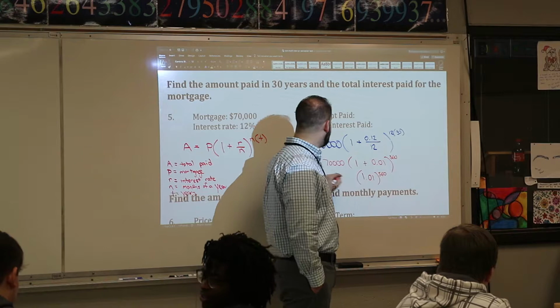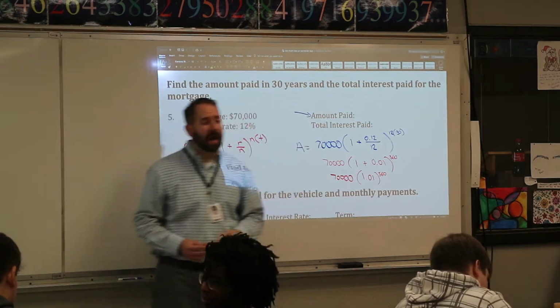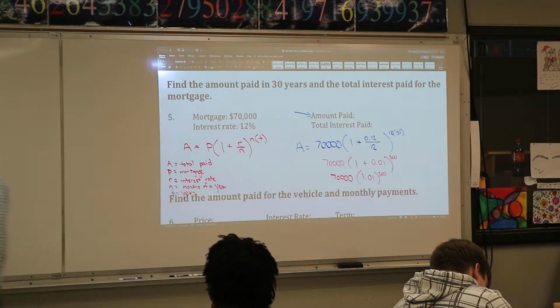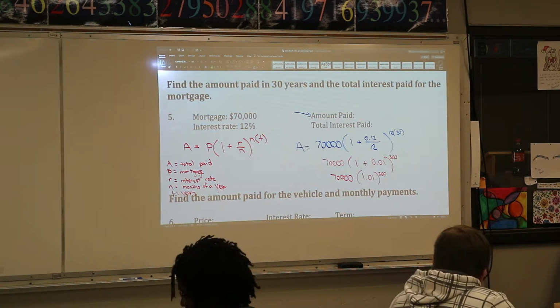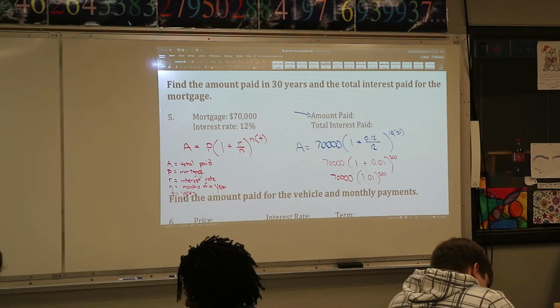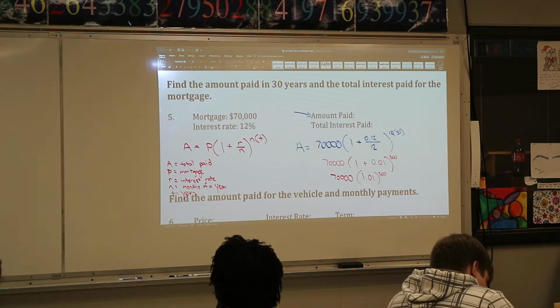And now we're going to take that and put that to the 360th power. To type that in on my calculator, you have to use the little caret key. So you type in 1.01, you hit the little caret key, and you type in 360 and hit enter. Notice I didn't write the 70,000 yet.